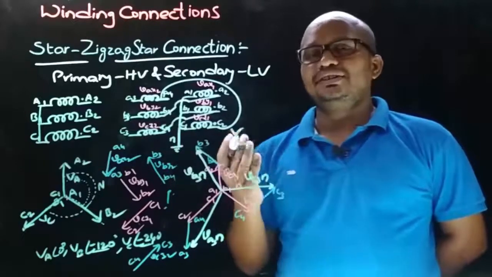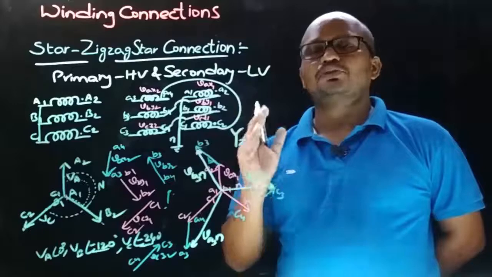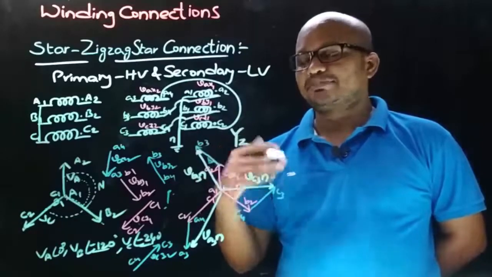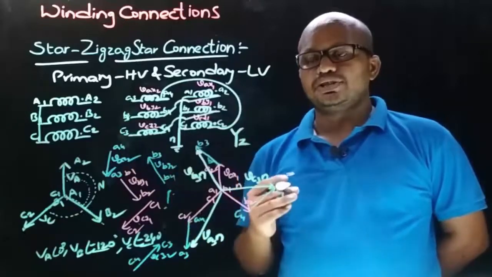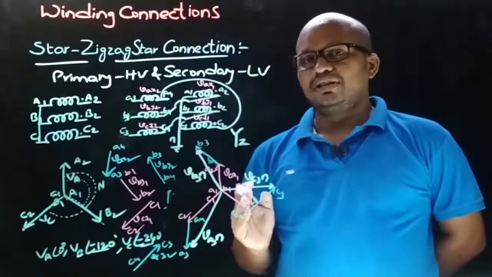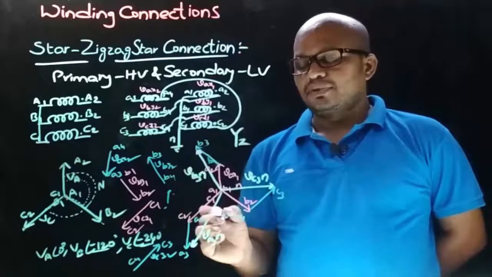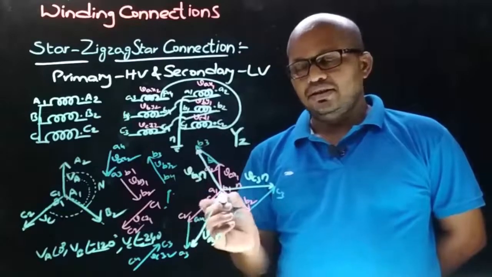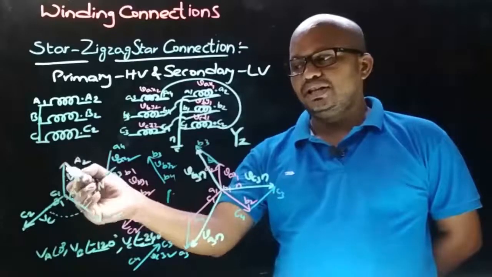And now we need to decide the numerical in vector group symbol, which will indicate the LV side phase neutral voltage displacement with respect to HV side phase neutral voltage. And here we are comparing the A phase. So the LV side phase neutral voltage is VA3N and HV side phase neutral voltage is A2N.